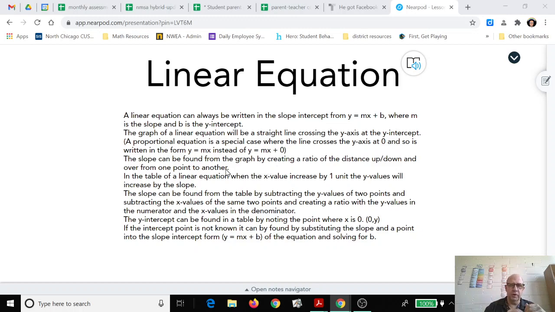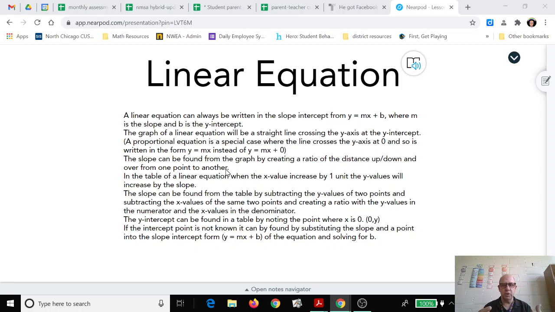If you're looking at the table, if you divide the y by the x, you will get different numbers. But if the x's are going up by 1, then the y's will still go up by the slope. They'll always go up by a constant amount. That's how you'll know it's linear. If the x's are not going up by 1, you have to do a little extra work and compare the points.